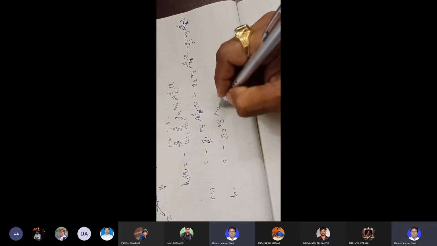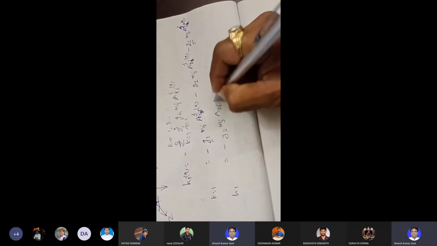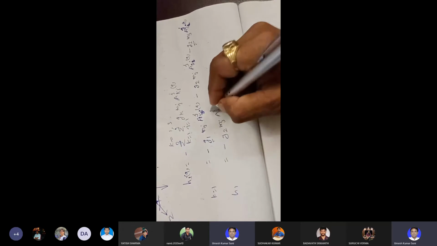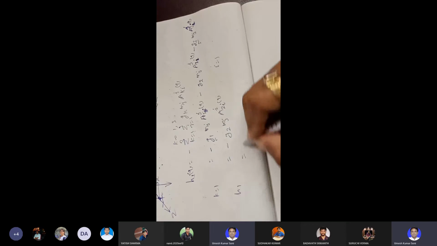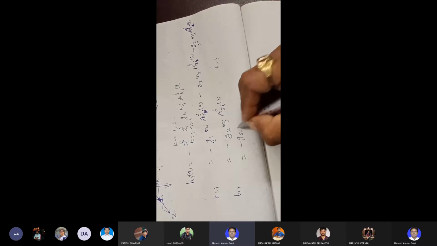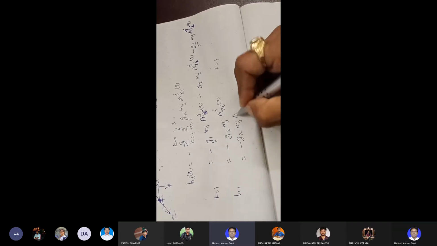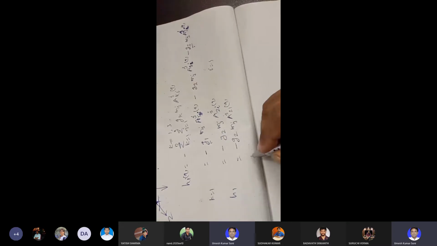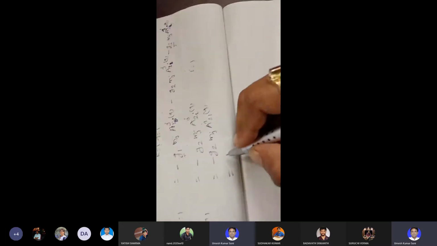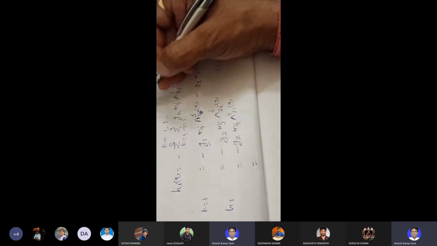A2I cube j, I equal to 1. So what is the value? Okay. So G2 is minus GC. Here G2 is minus GC.